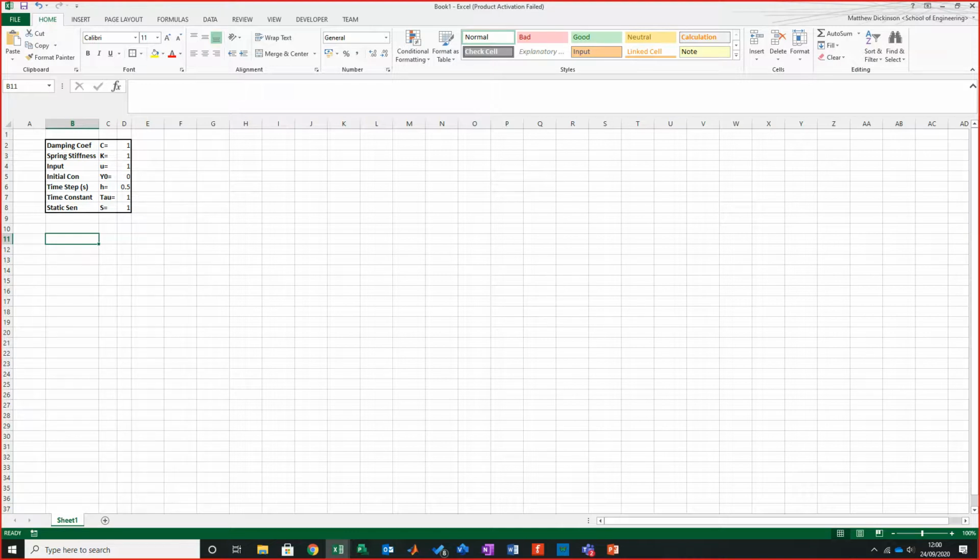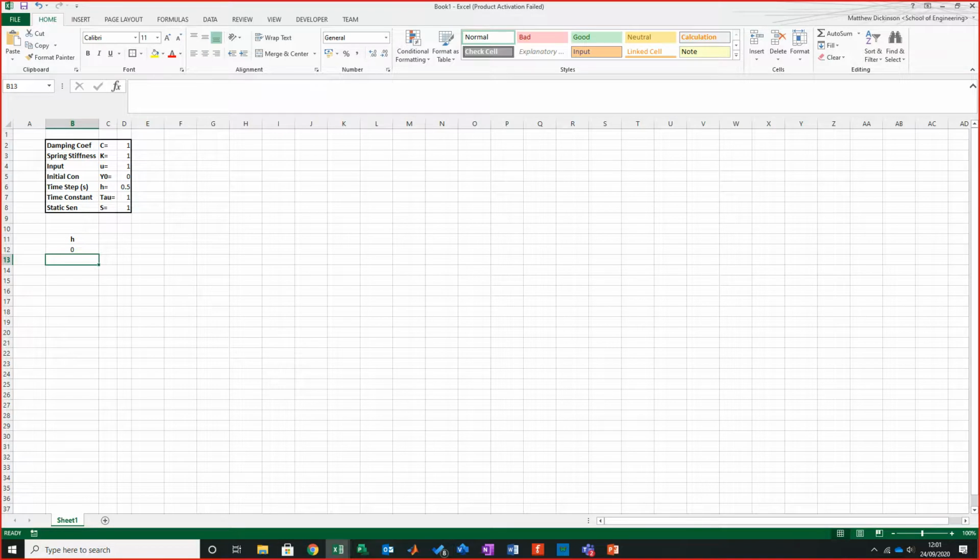So I'm going to go h. Now h becomes the iteration of everything that I'm doing. So I'm going to go equals. In fact, really, this wants to be 0, because what I want to do is now set up my iterations.